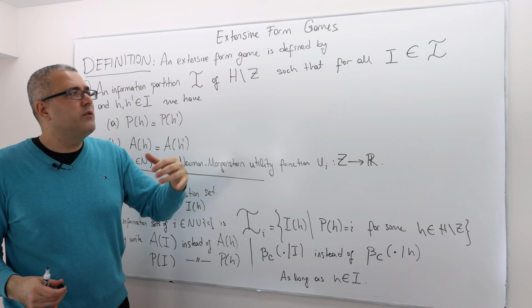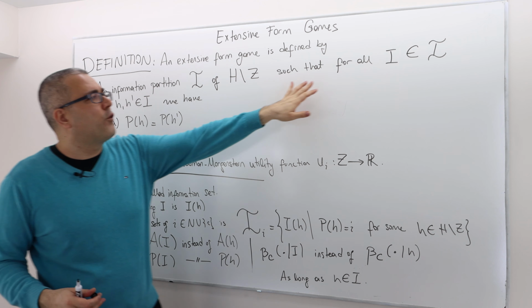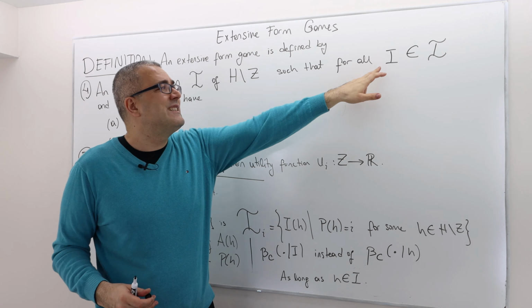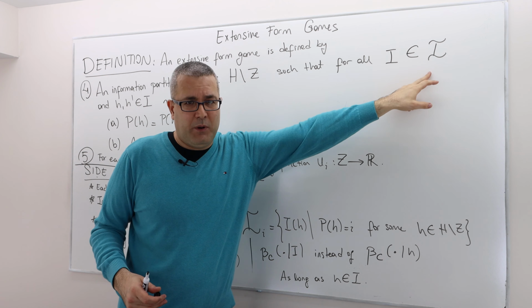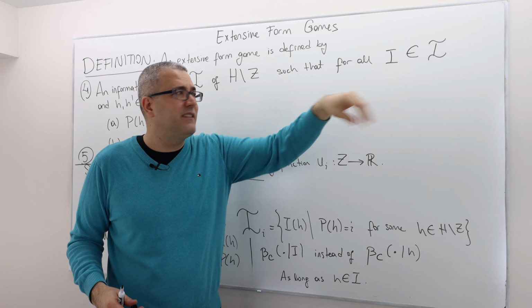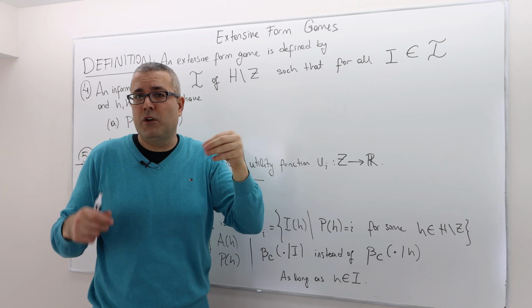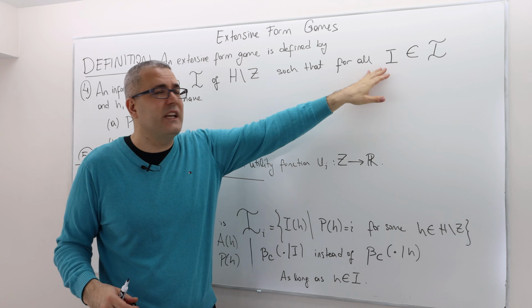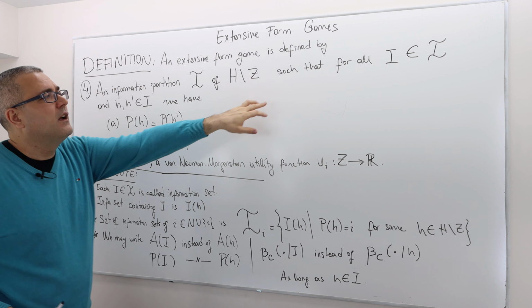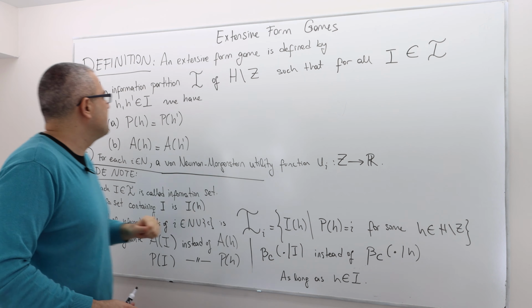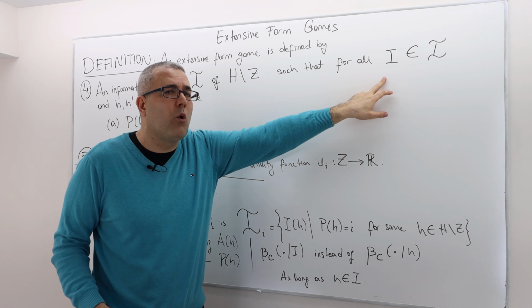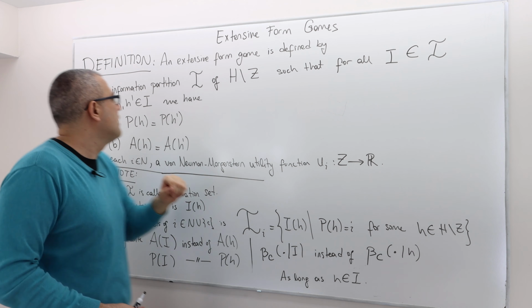How do we do that? What is the property? For any set of this partition, I is a set, meaning I has histories, probably more than one history in it. So for any element of this partition, we're going to call it later an information set.